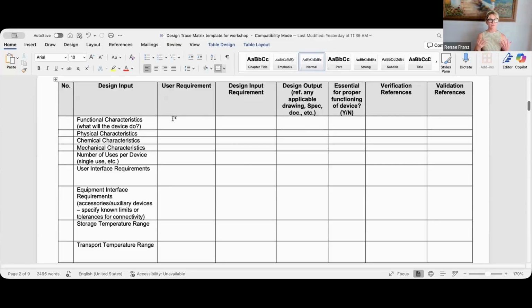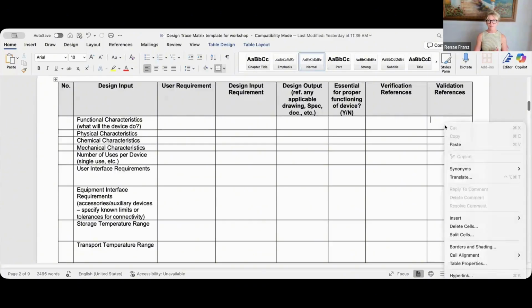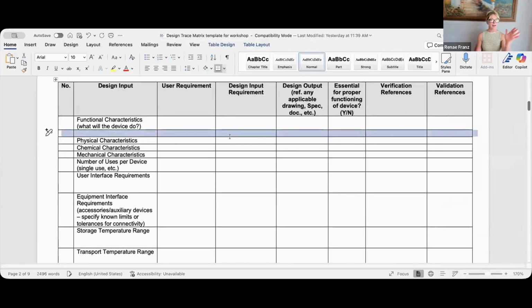So there were a lot of functional characteristics. You see one line here, but you can actually add to this table and insert rows below, and you can continue to add as many of the functional characteristics as your device needs.